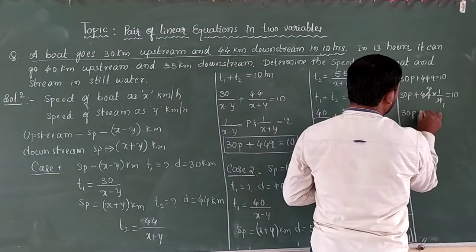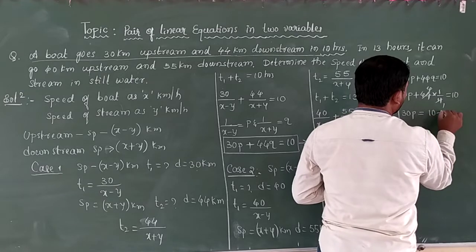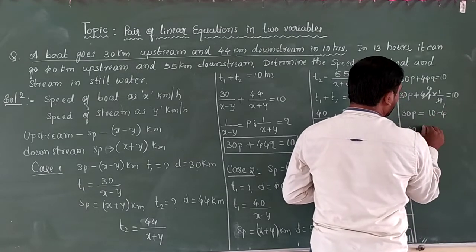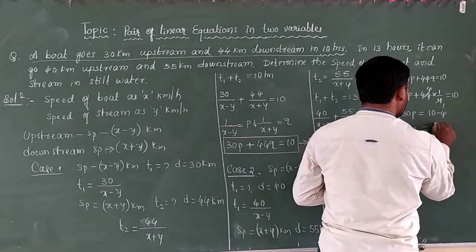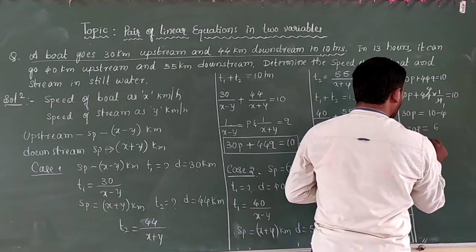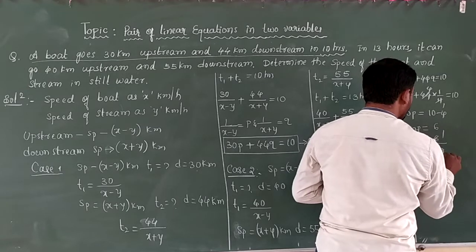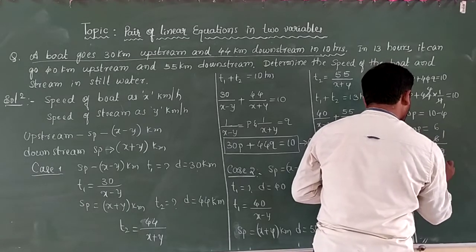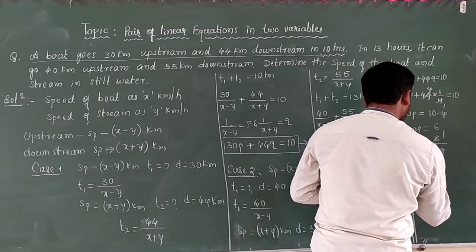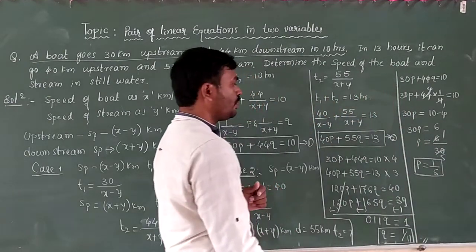So 30p is equal to 10 minus 4. So 30p is equal to 6. So p is equal to 6 divided by 30. So p is equal to 1 by 5.